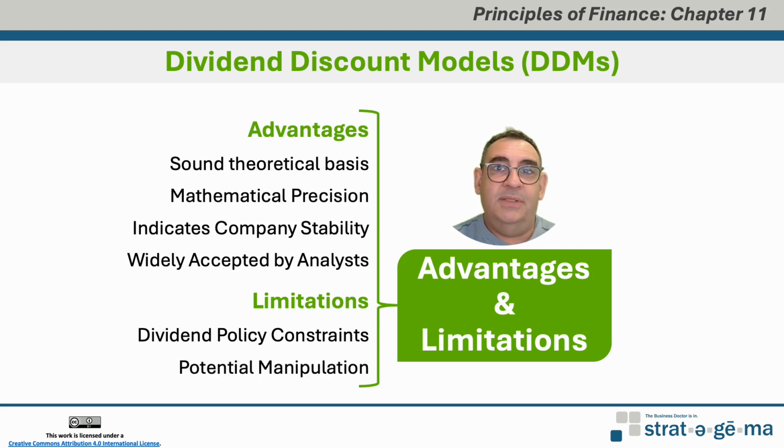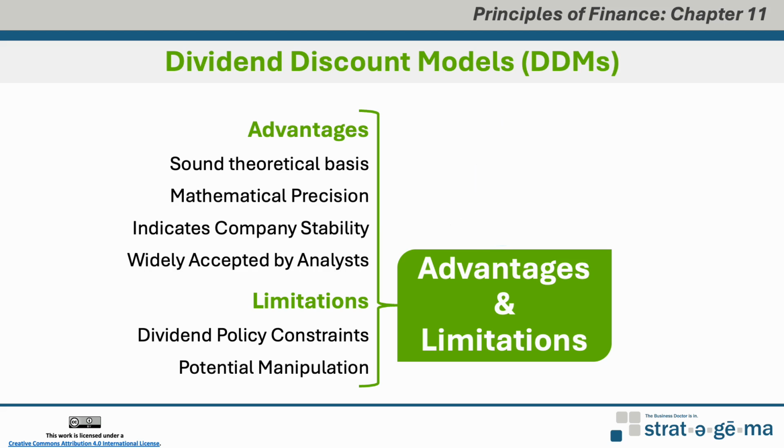Another limitation is that they're subject to a little bit of manipulation because dividends are paid in cash, and companies want to keep making their dividend payments even when it may not be appropriate and they may not be able to have sufficient cash reserves down the road. So while a company would prefer not to manipulate its dividend payments because it can lead to volatility, they do manipulate the payments to keep the stock price up when there may not be a justification to do so.